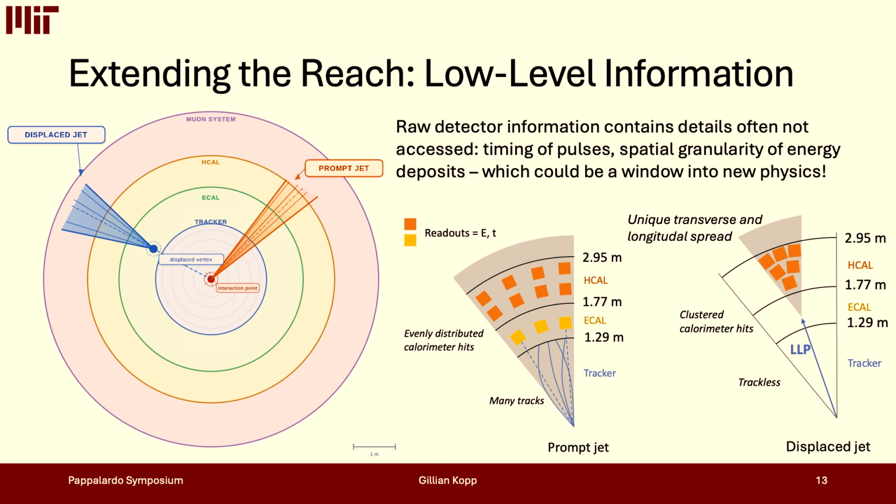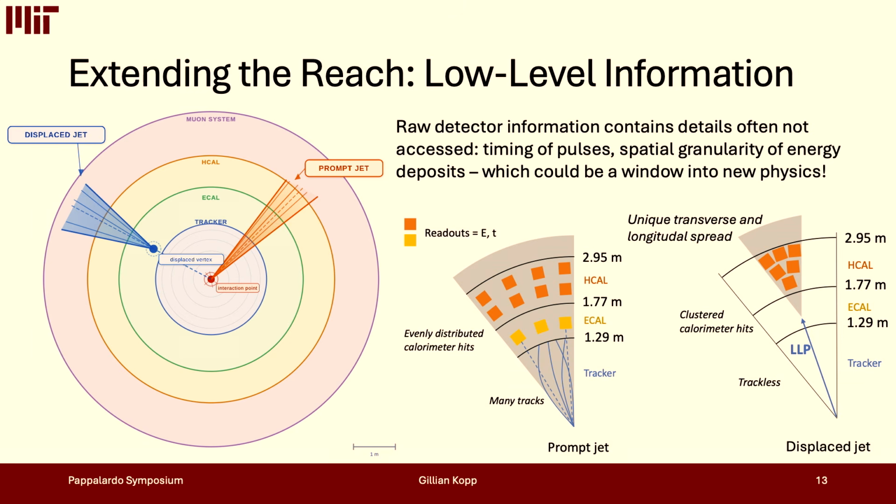And that contrasts quite a bit with what we expect from a lot of our standard model processes, where we have a prompt jet, in orange, where you can see that traces back directly to our collision point. And the low-level detector information that we have can really help to distinguish the two of these. So in a prompt jet, we'd expect to see many tracks and then hits evenly distributed in our calorimeter system.